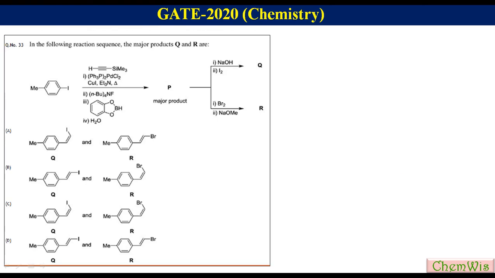Question number 33. In this, we have to find the structure of major products Q and R. 4-iodotoluene under condition 1, which is Sonogashira coupling condition, produces silyl protected aryl alkyne.